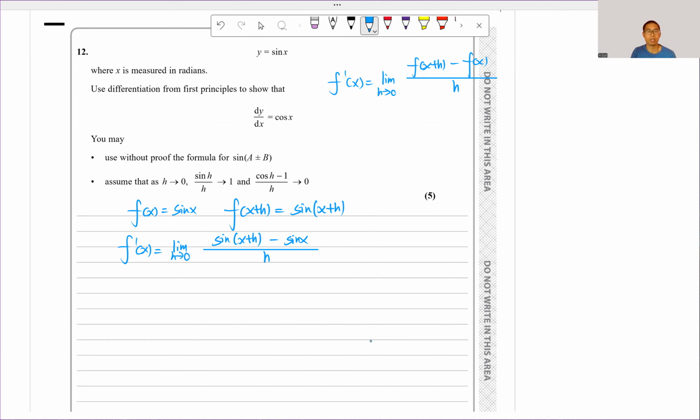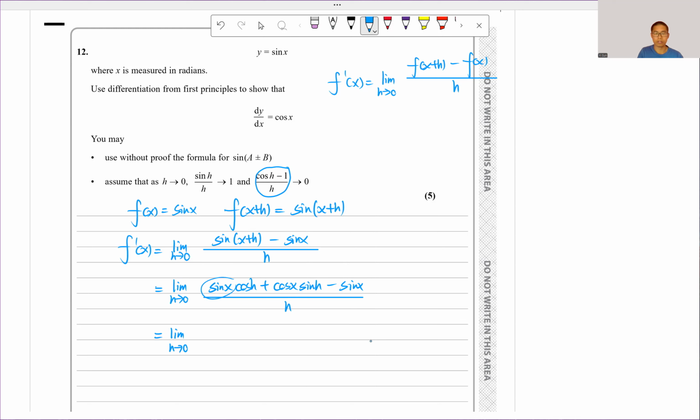They say without proving, we can use the formula for sine (a plus b) and also this formula here. So let's start by using the addition formula for sine first. Sine(x plus h) is sine x cos h plus cos x sine h, minus sine x, over h. And then we can see they want (cos h minus 1) over h.